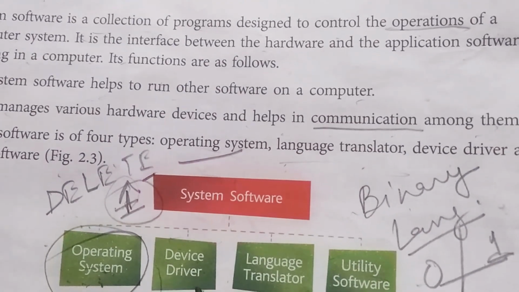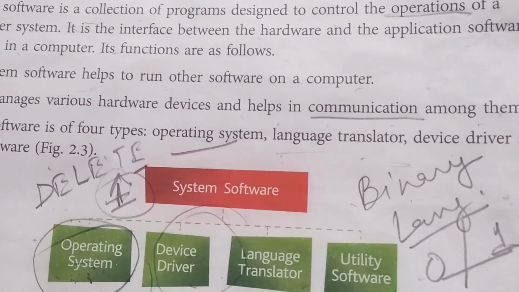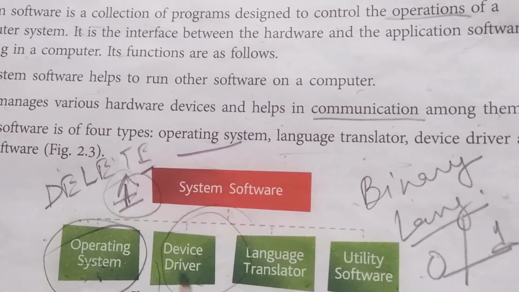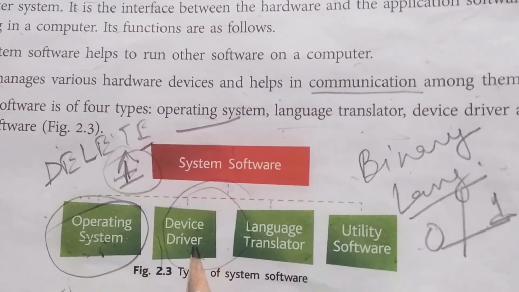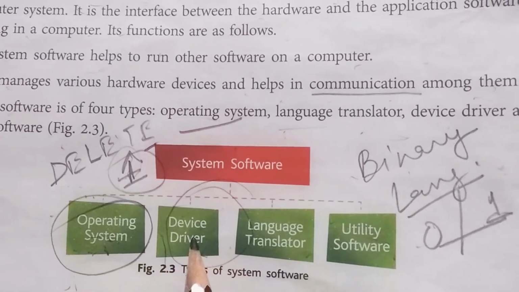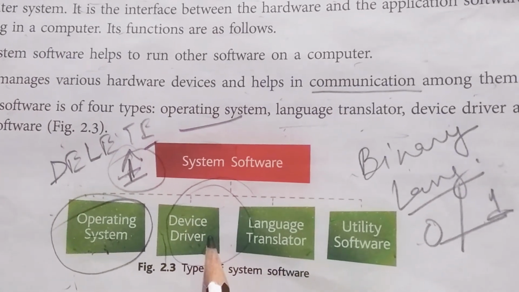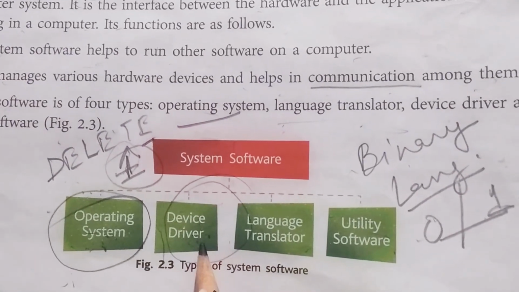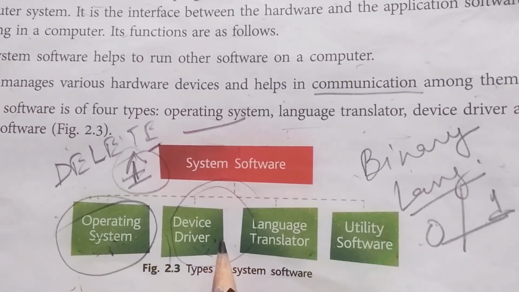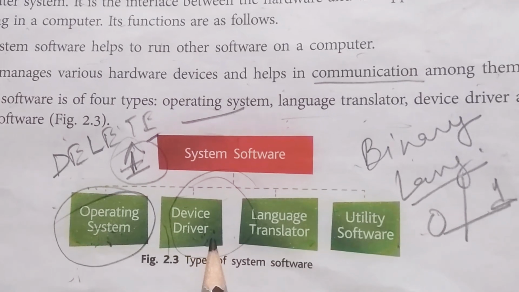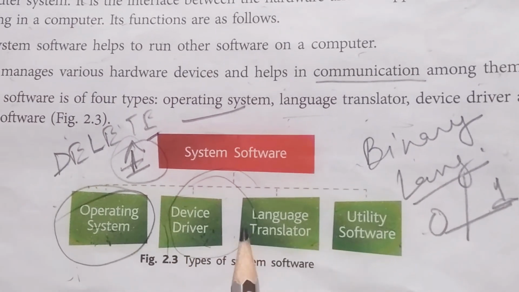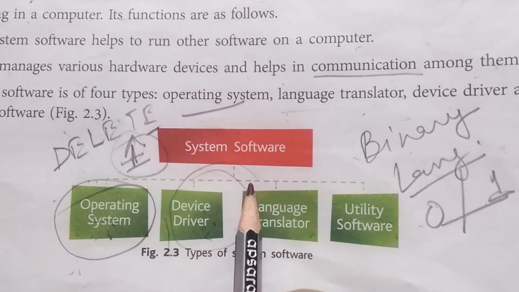Device driver. Device driver is what? Devices such as printers, speakers, hard disk drives, CD DVD drives, digital cameras, image scanners, they require device drivers to work. A device driver is a software used to control and manage an external device.